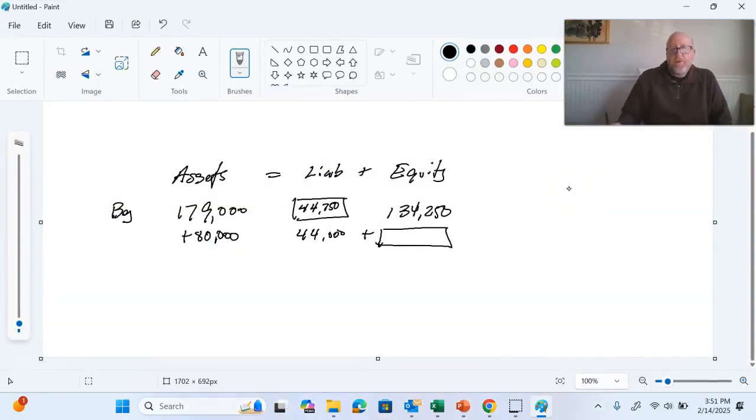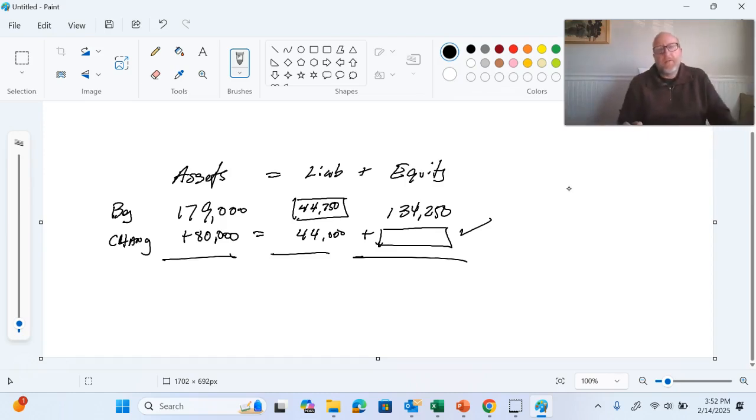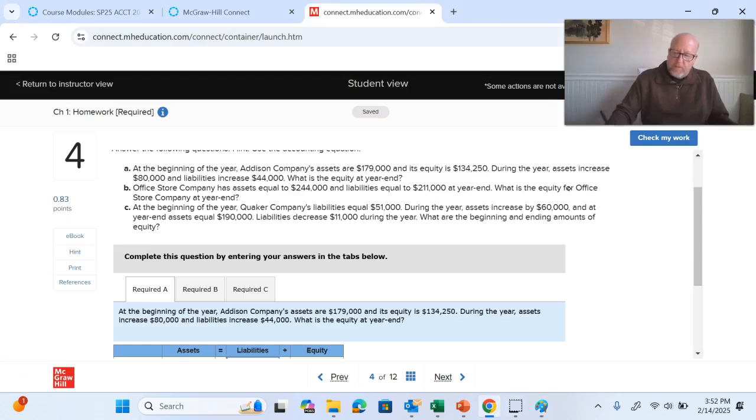I think first we would find the change in equity, right? Because they still have to equal. The change also has to equal assets equals liabilities and equities. Then we can add everything up.